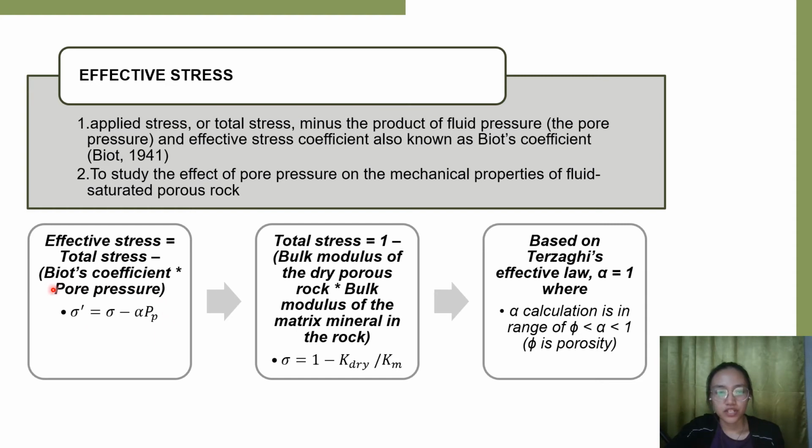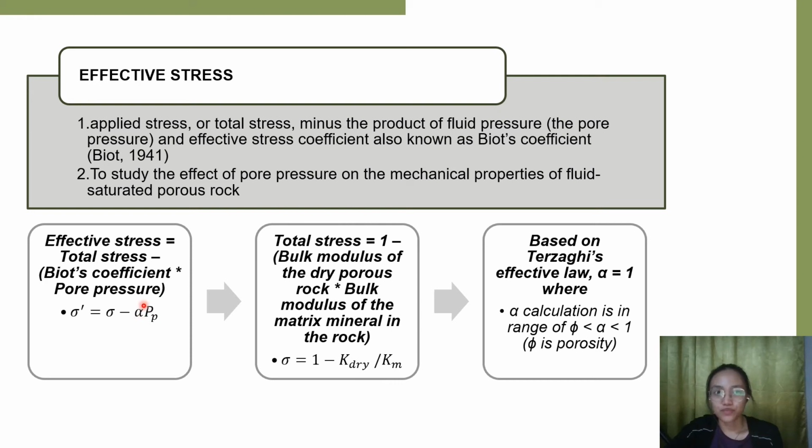So this is the formula of the effective stress. So here is the total stress, where this is the formula of the total stress. And also the alpha, based on Terzaghi's effective stress law, alpha is equal to 1, which means that the value must be less than 1.